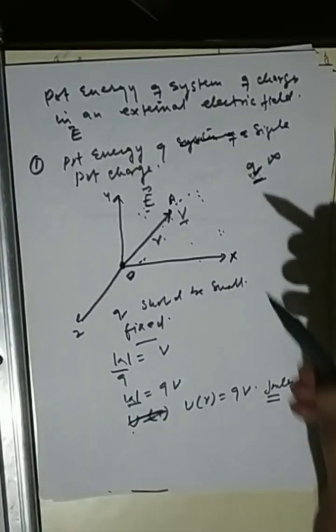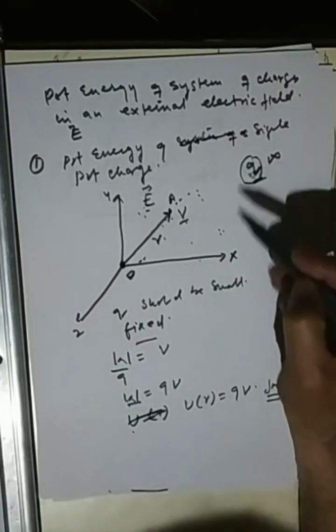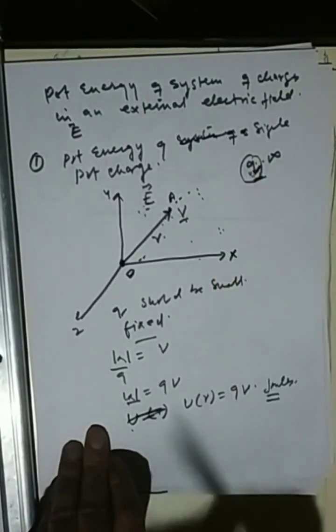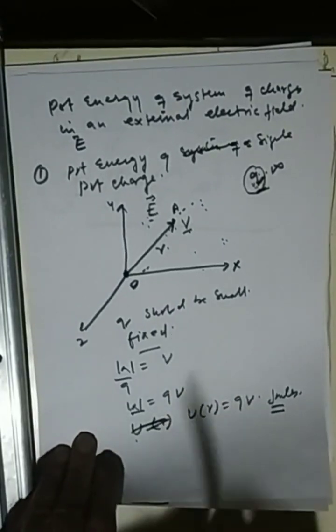Now, if this charge happens to be the charge of an electron, we are bringing an electron from infinity to here, then what will the energy be? Now we know U(R) is equal to QV.